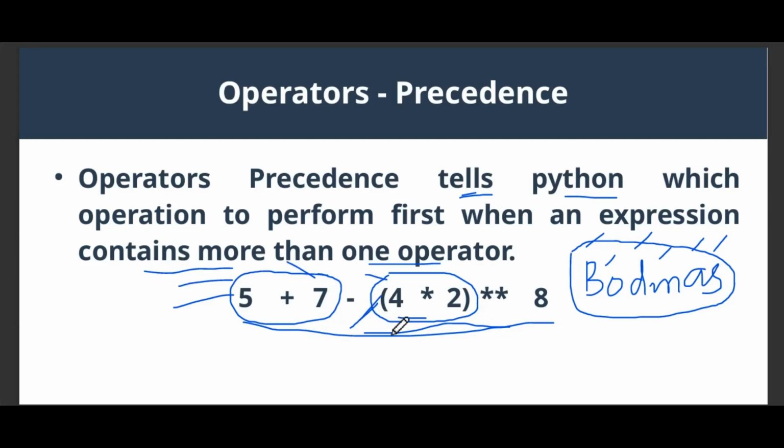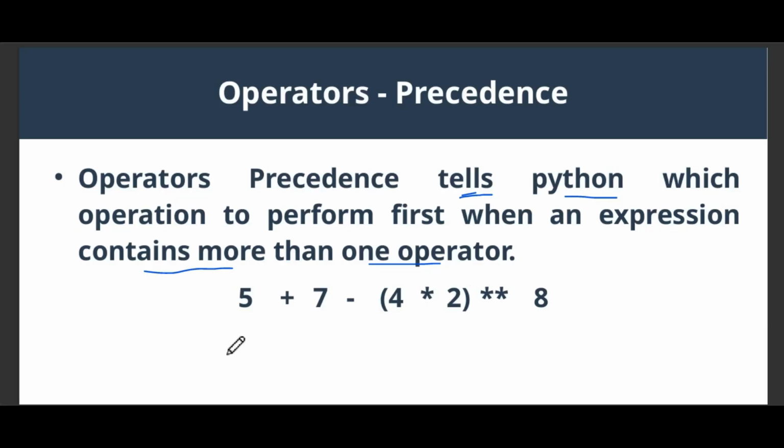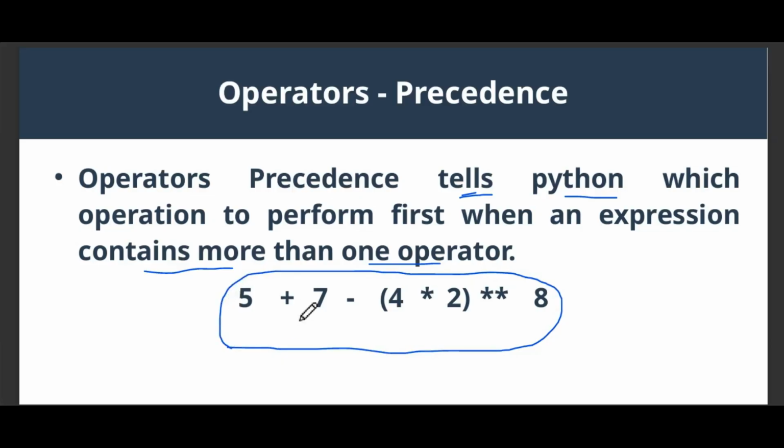Depending upon which operation you perform first, it will give you different solutions. So Python operator precedence tells us whether to perform addition first, multiplication first, exponentiation first or subtraction first. Those rules are given by the operator's precedence.